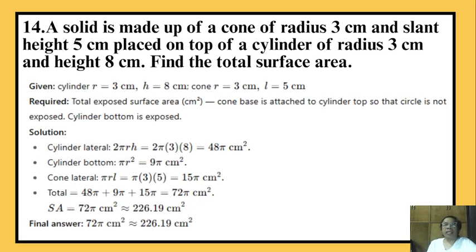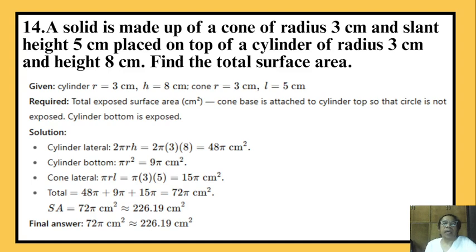And then, problem number 14. A solid is made up of a cone of radius 3 centimeters and slant height 5 centimeters placed on top of a cylinder of radius 3 centimeters and height 8 centimeters. Find the total surface area.